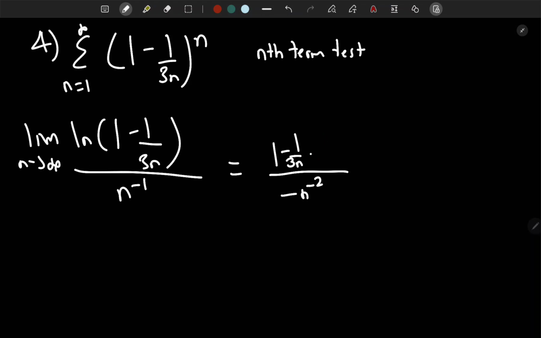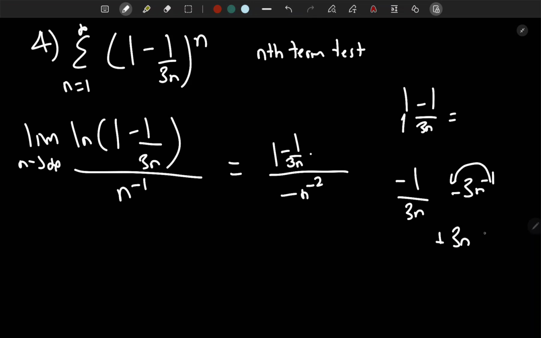The derivative of 1 minus 1 over 3n: the 1 is just 0, and to derive -1 over 3n, we bring -3n above, which gives -1, and when we distribute the power it's positive 3n, and we subtract 1 from the power, so it's 3n to the power of -2.